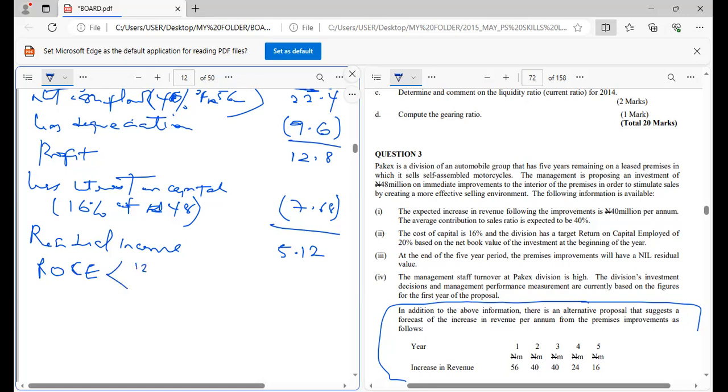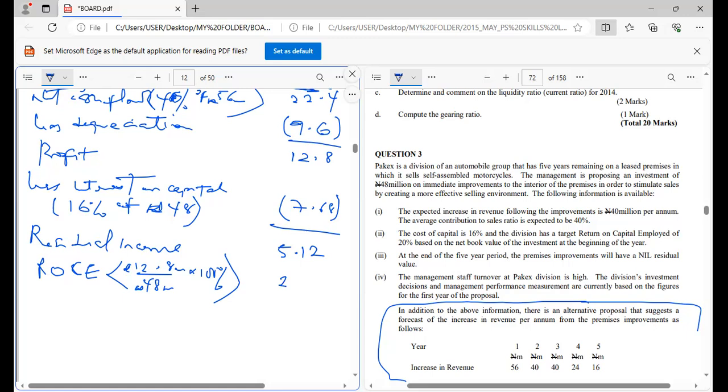Our profit, which is 12.8 divided by 48 million, times 100. So what will that give us? 26.66.